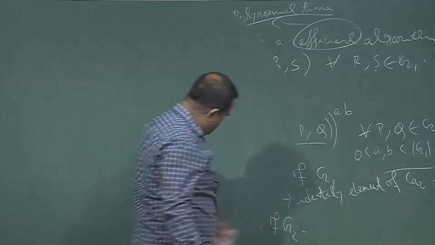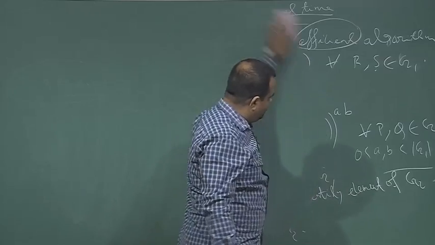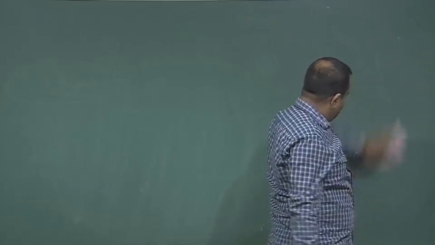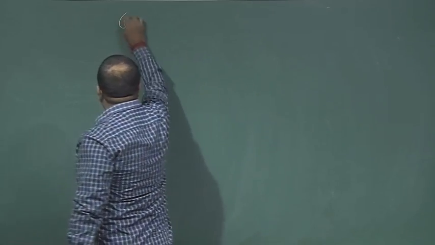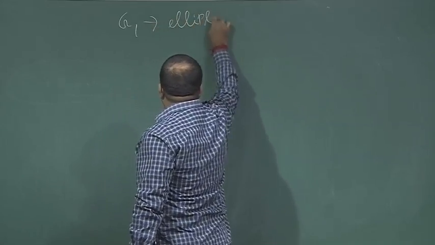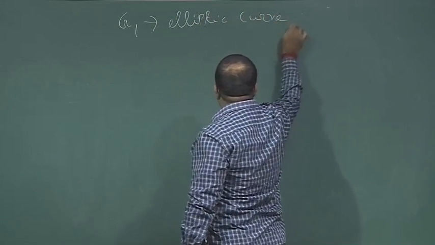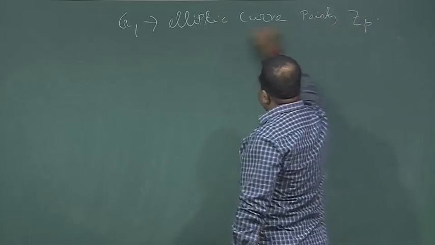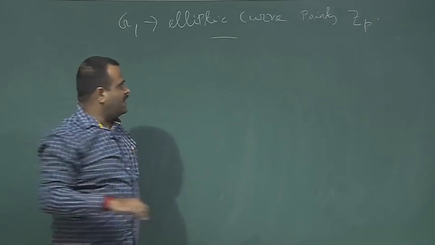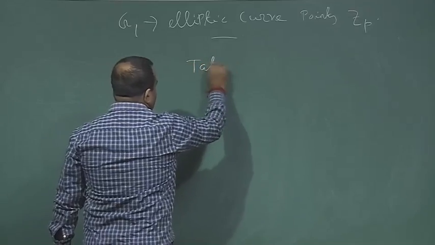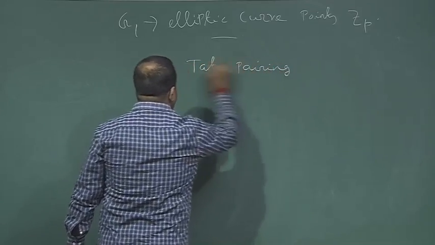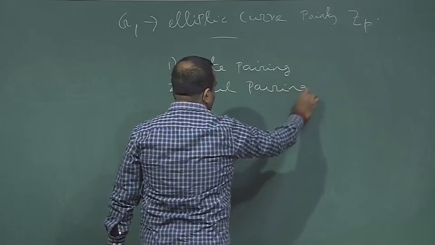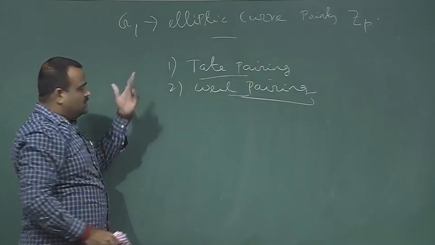There are two examples of pairing in the literature, the Tate pairing and the Weil pairing, and they come from G1 being an elliptic curve group. For pairing, G1 is elliptic curve points, say over Zp. Then one can define the Tate pairing or Weil pairing.